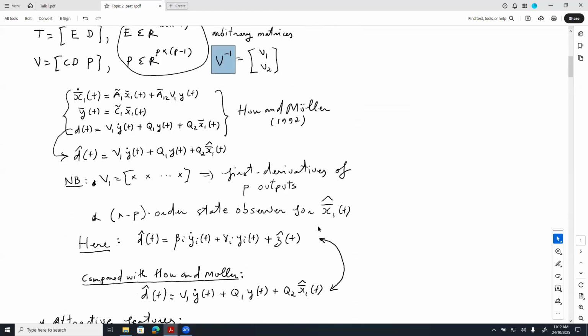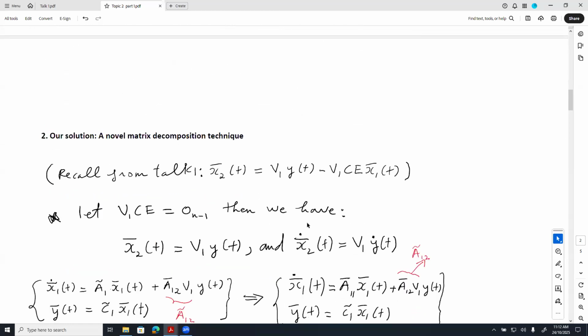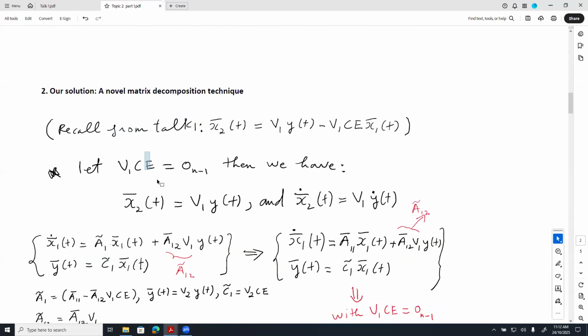So V1 times C times E is an arbitrary matrix according to Hou and Muller. Here what we say is, let's force this matrix equal to 0. So that's the first thing we do.